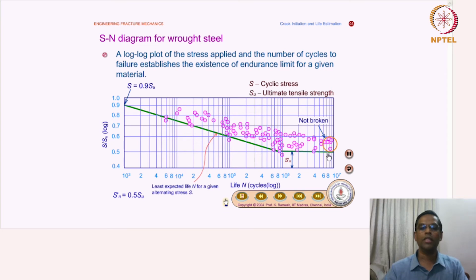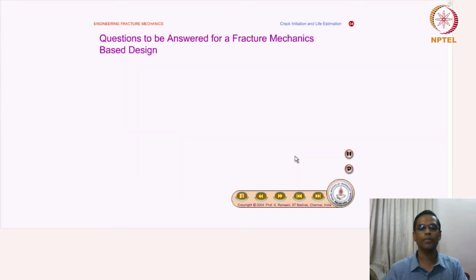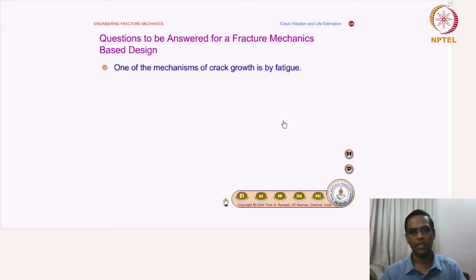And here you see that after certain stress levels, the material does not fail. So this stress is called the endurance limit of the material. We will look at that aspect in much more detail in the next chapter, but here we will connect it only to fracture mechanics.